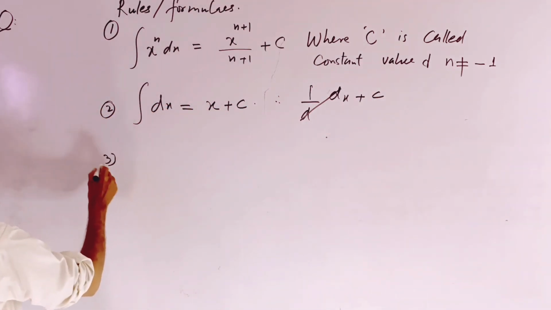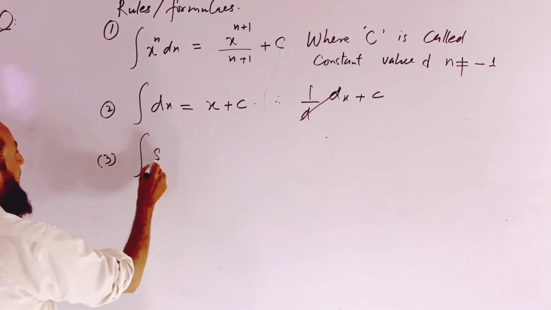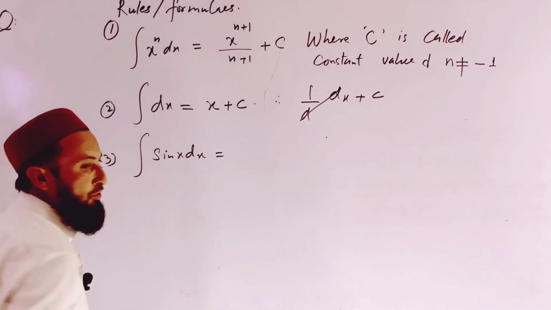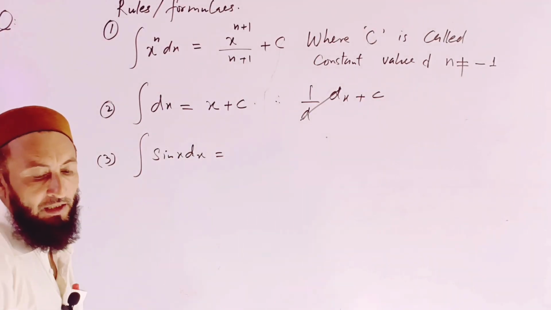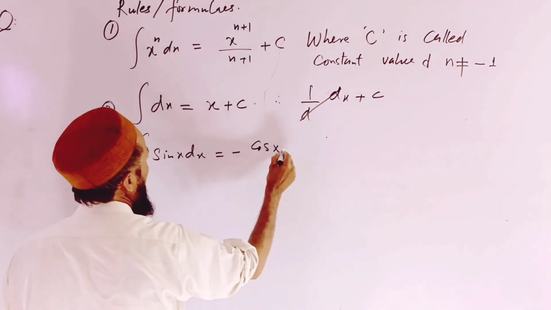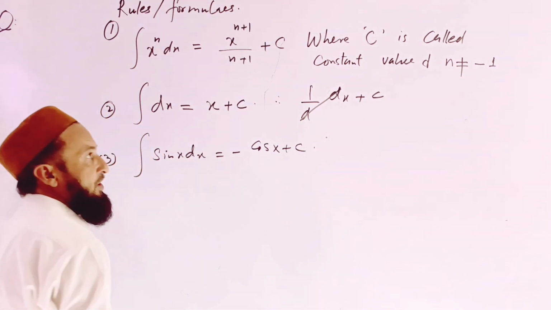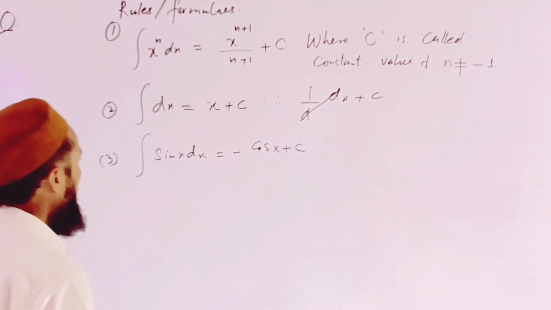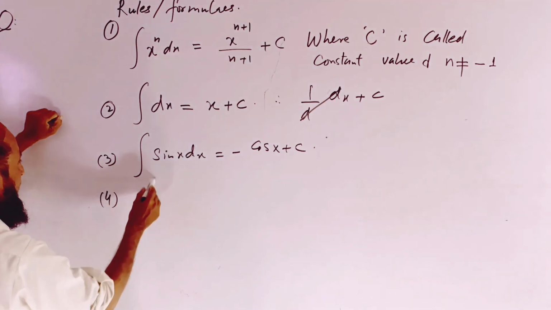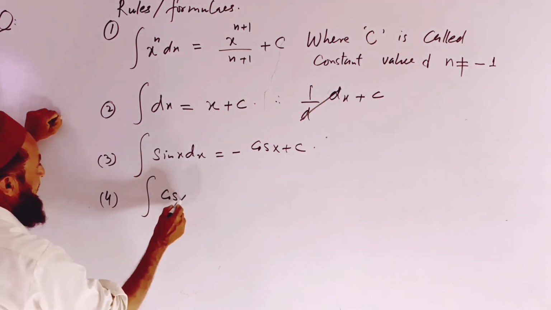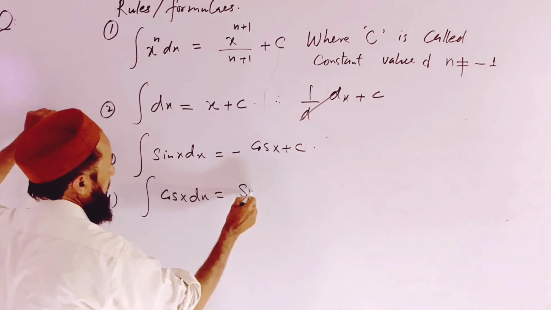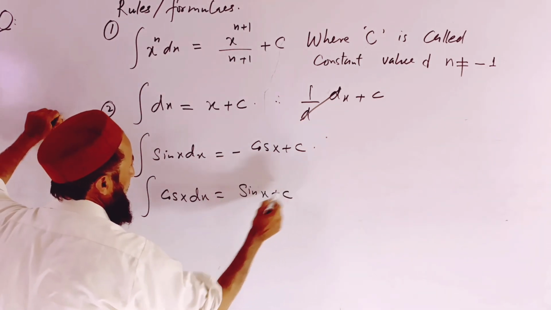Third formula: integration of sin x dx is equal to minus cos x plus c, where c is the constant value. And number 4: integration of cos x dx is equal to sin x plus c.